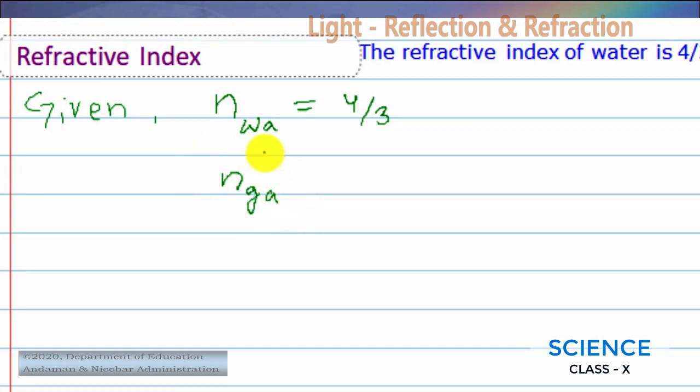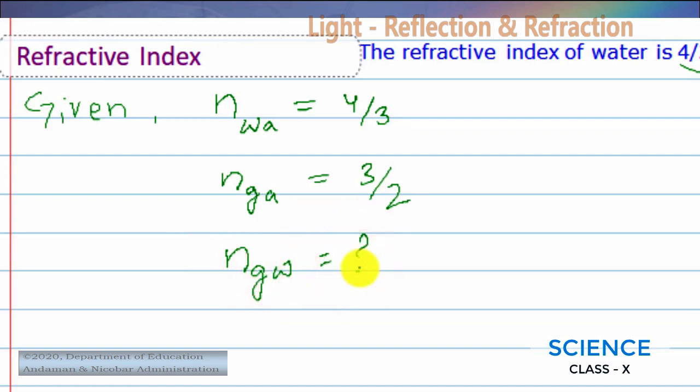So in both cases, the light enters from air to glass and air to water. Here the refractive index of glass is given as 3 by 2. Now we have to find the refractive index of glass with respect to water.